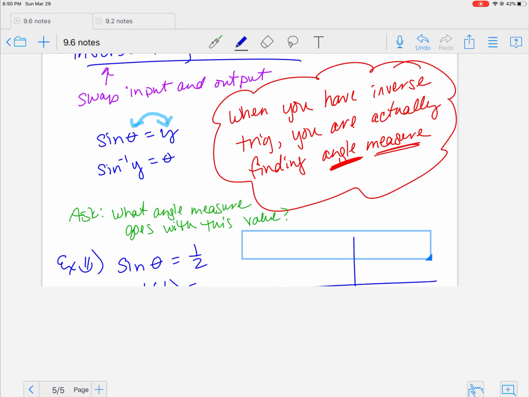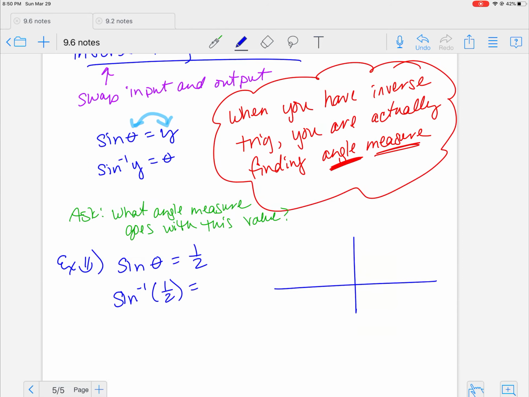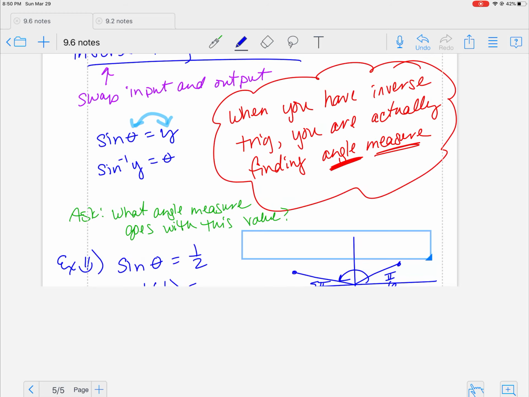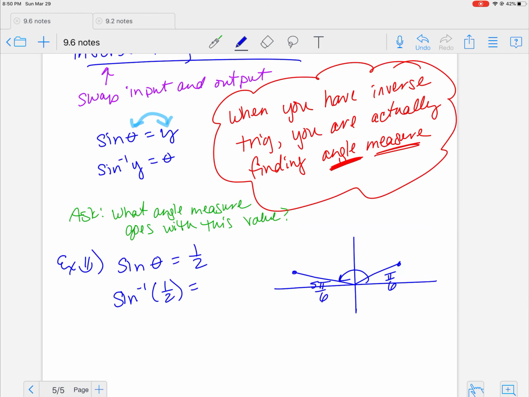So if I have this, and I want to say, where is sine of 1/2? If I'm hitting this at 1/2, my y, because it's sine at 1/2, that's coming over here to pi over 6, or back here at 5 pi over 6. So 5 pi over 6 comes all the way over here.